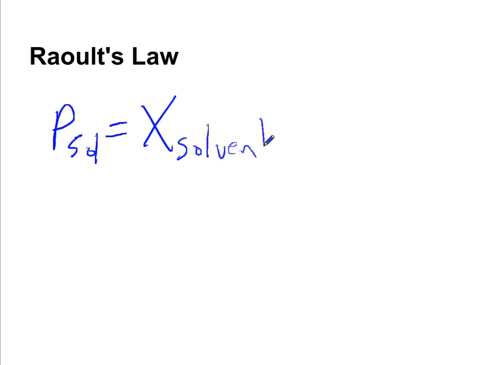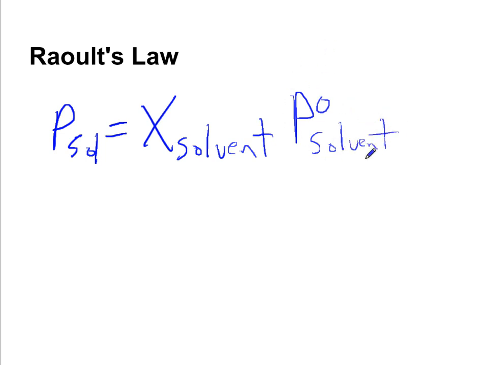We have an equation to help us calculate the lowered vapor pressure. It's called Raoult's Law. Raoult's Law says the vapor pressure of a new solution is equal to the mole fraction of the solvent times the pure vapor pressure of that solvent.